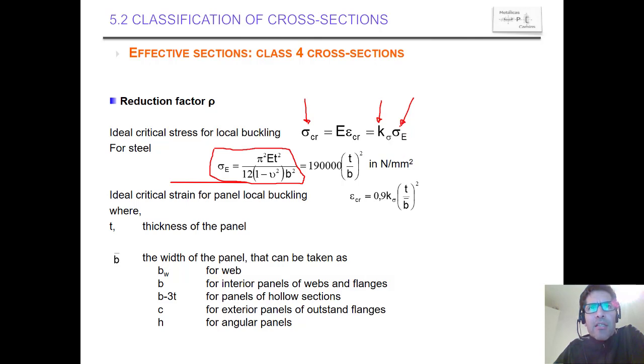This is handy sometimes because then we can look for K sigma in other ways, and sigma E will be very easy to calculate because there are no tables involved. It's only geometry and material, in a pretty straightforward way. But K sigma, we just split it out from this expression.